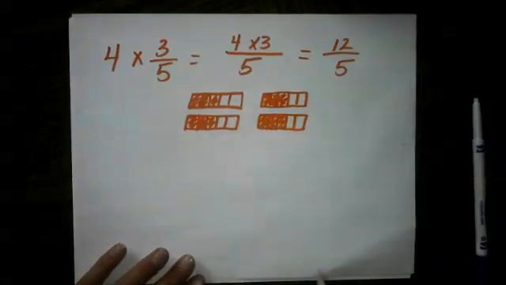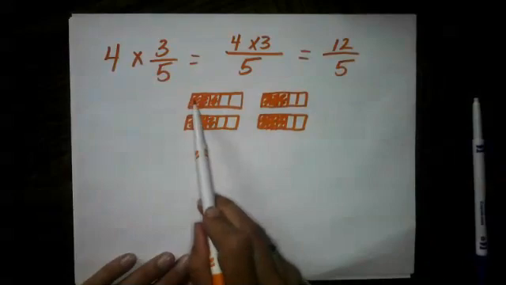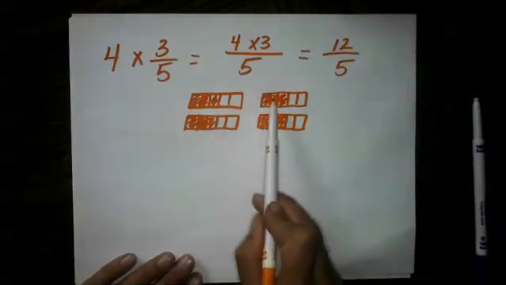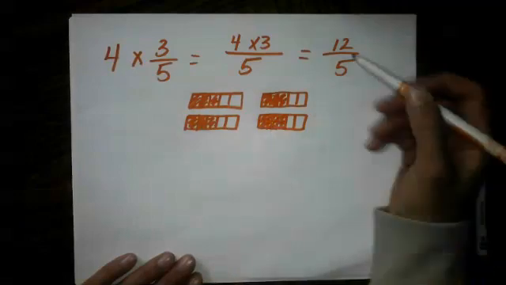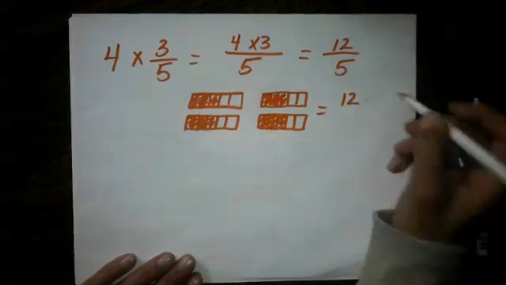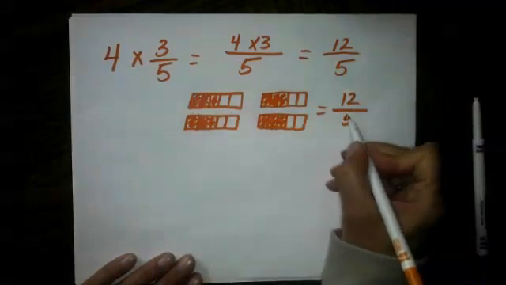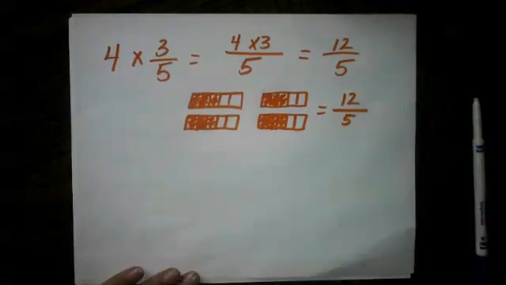Now let's count how many parts are shaded in: 1, 2, 3, 4, 5, 6, 7, 8, 9, 10, 11, 12. That gives us the same numerator, and we keep our denominator the same, 12/5.